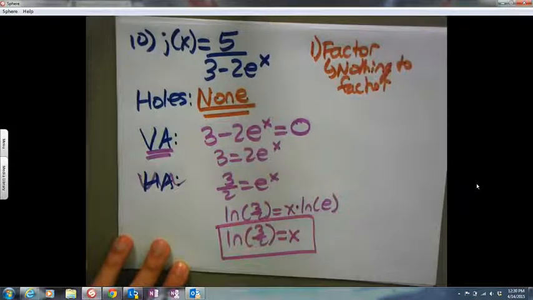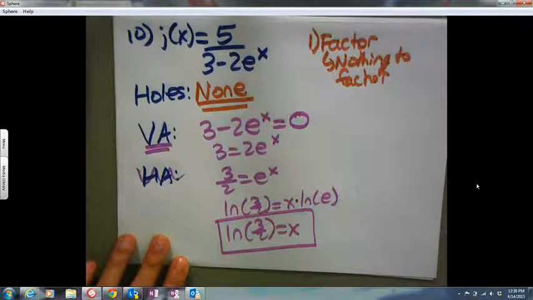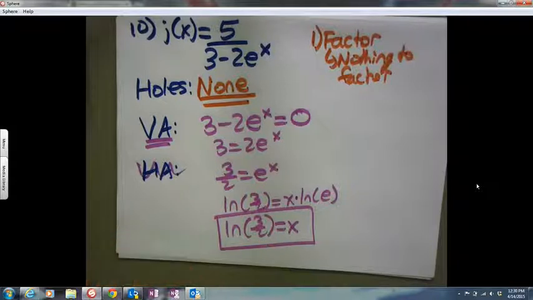Okay, I got my holes up here. I got my vertical asymptote. Let me stop here before I go and do horizontal to see if there are any questions. Starting horizontal over on the right corner here.